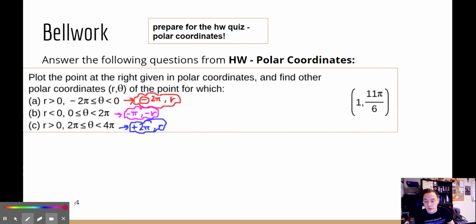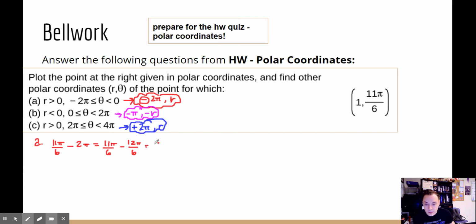Let's go to it. This is going to be A. Ready? So I'm going to first find what my thetas are. So this is 11 pi all over 6, minus 2 pi, which equals 11 pi all over 6 minus 12 pi all over 6. And this equals negative pi all over 6.